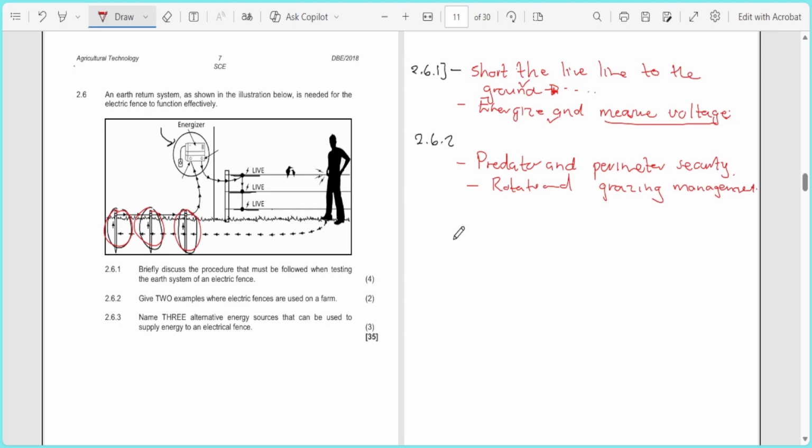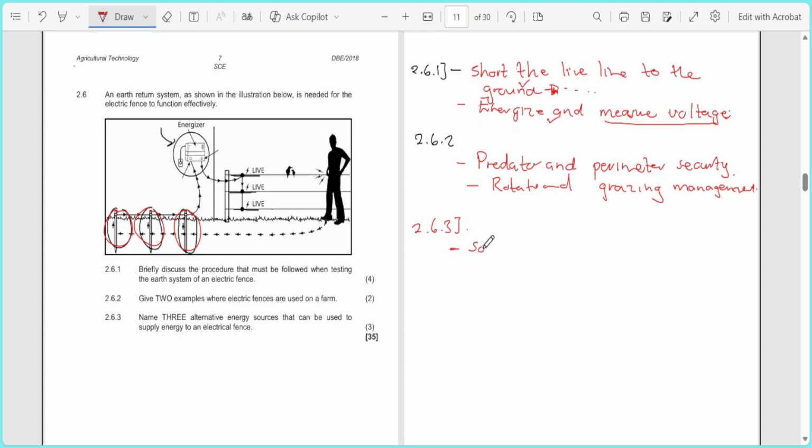All right, now for the last question, 2.6.3. Name 3 alternative energy sources that can be used to supply energy to an electric fence. Another textbook question here, right? There are quite a few options, but they are asking for 3.